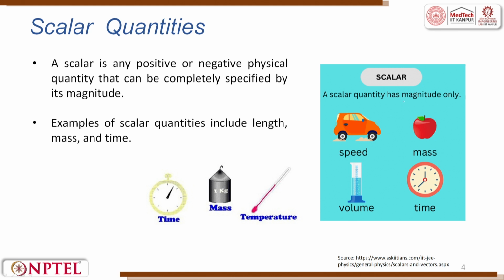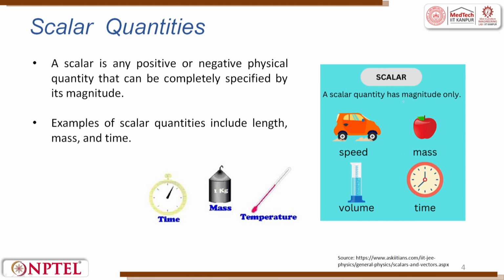Scalar quantities have magnitude only. It says 5 kgs, 5 meters, 22 centimeter, 350 degree Celsius, 5 amps. So, it tells you only the magnitude, the speed, mass, volume.